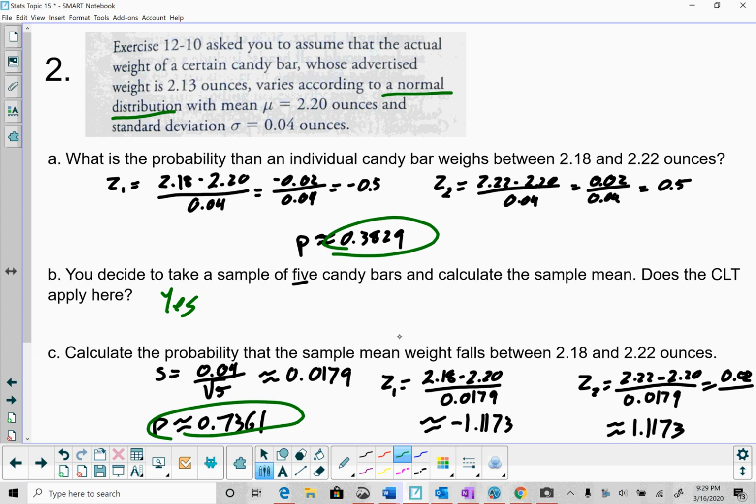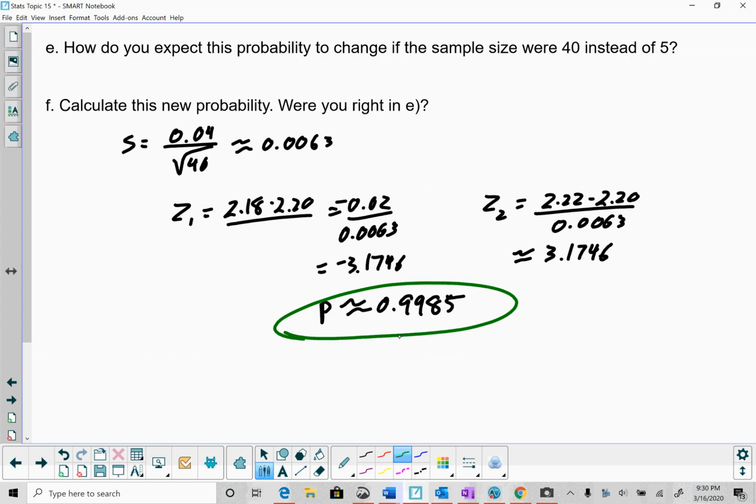And then from B and C, where the sample size was 5, to now E and F, where the sample size is 40, it increased. Our standard deviation decreased. The positive z-score went up. The probability of it falling between more than 3 standard deviations to the right and the left is pretty much most of the probability, very nearly 1.